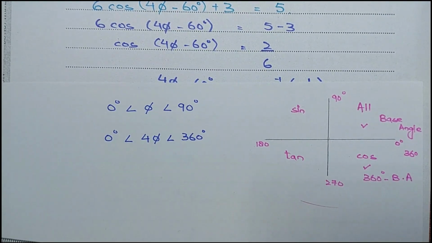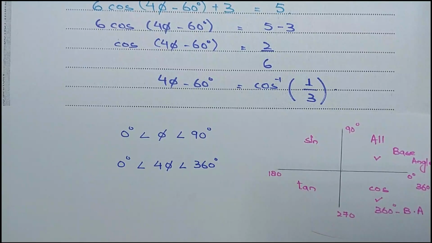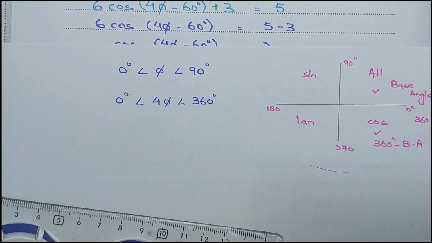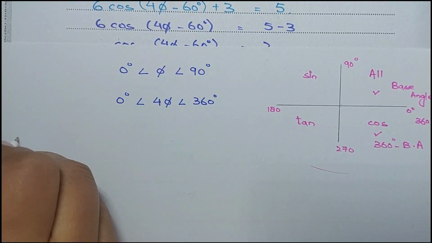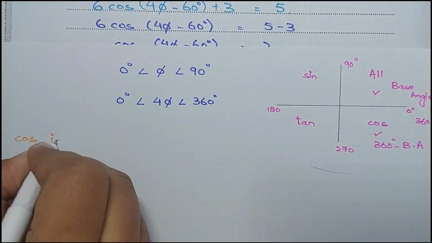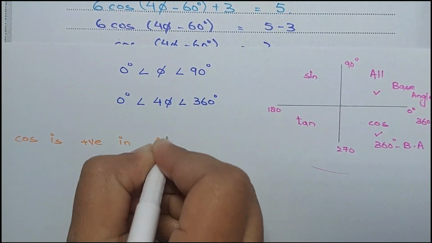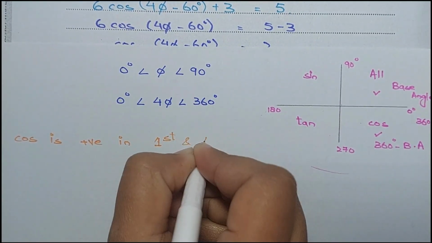BA is for the base angle. This equation tells us cos is positive, so cos is positive in the first and fourth quadrant.